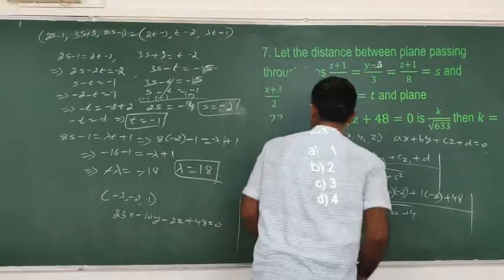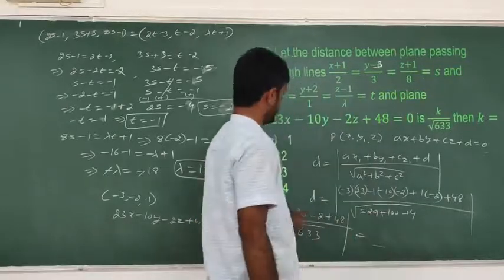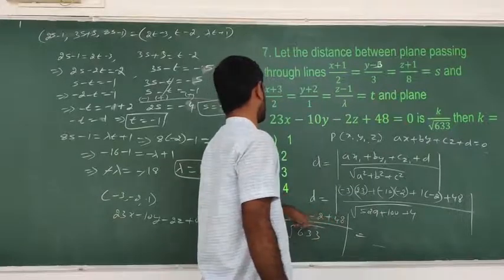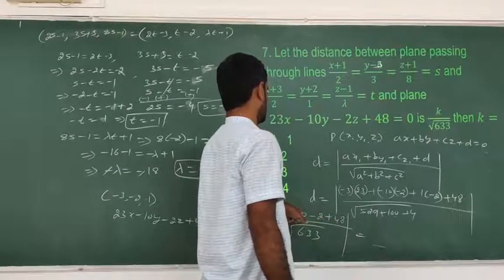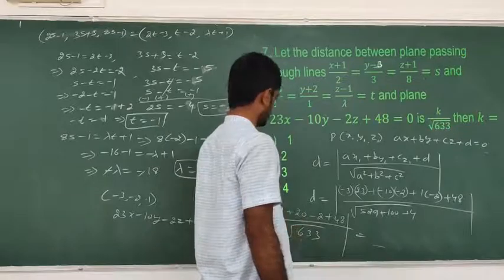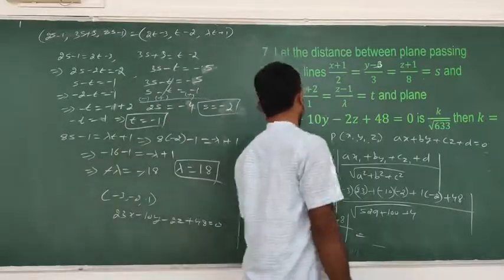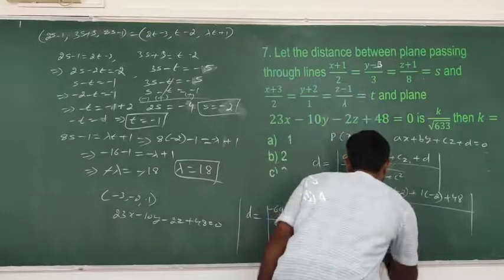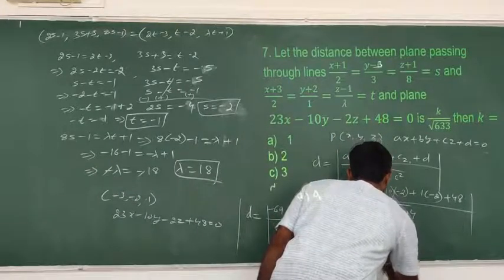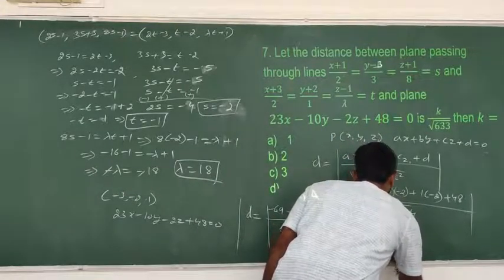Okay, so that is equal to 20 plus 48 is 68. Okay, 68 minus 69 is minus 1. That is minus 1 divided by square root of 633.